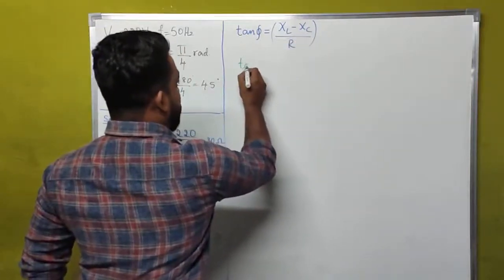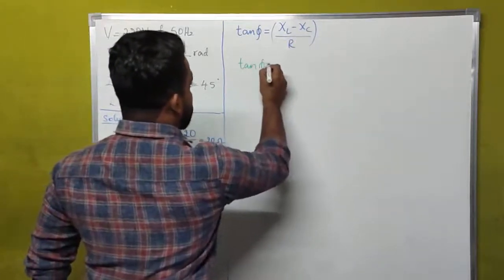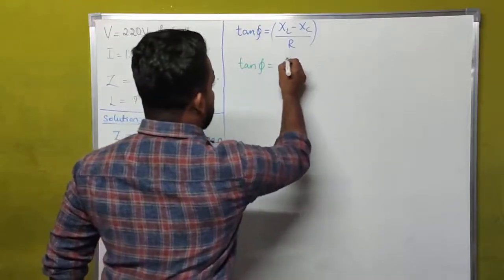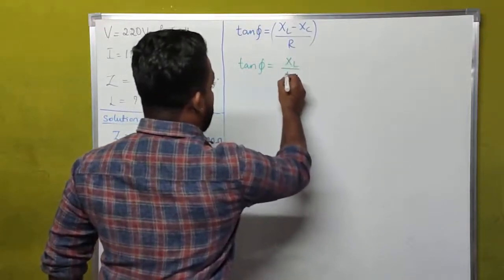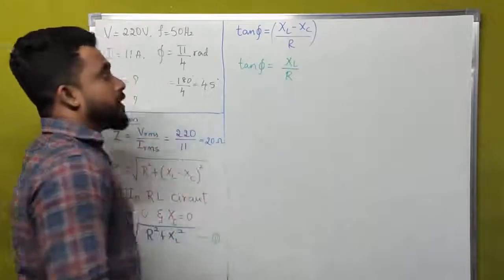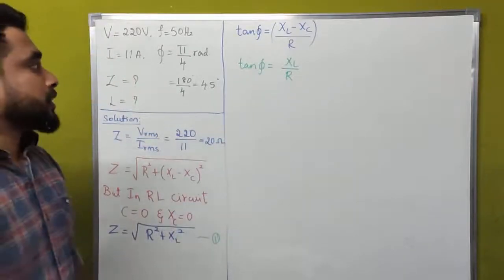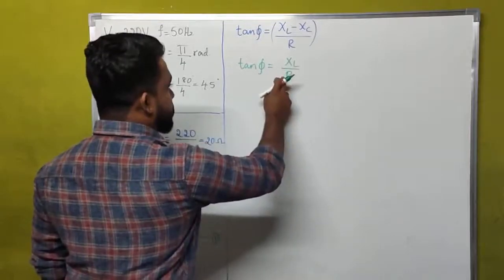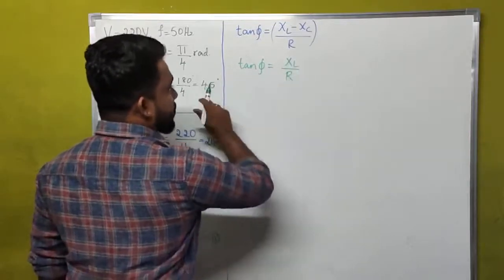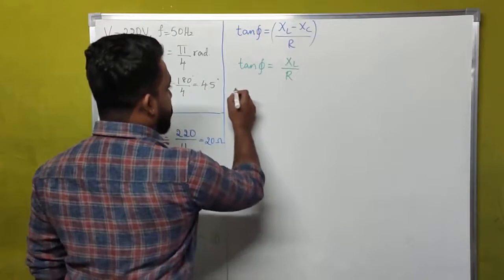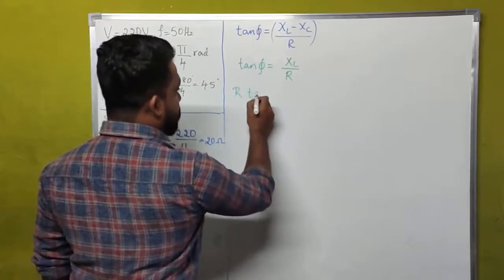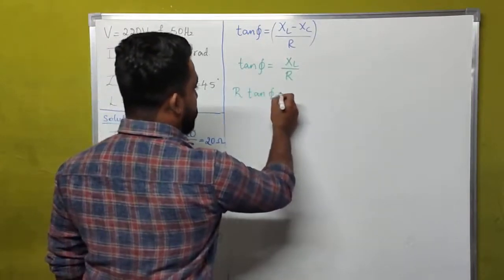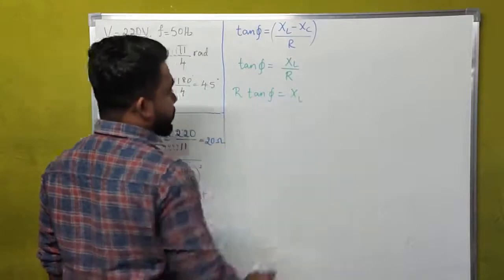Then we can modify the expression for phase angle: tan phi is equal to XL divided by R. If we send this R to the other side of the equation, what we will get? R tan phi is equal to XL.